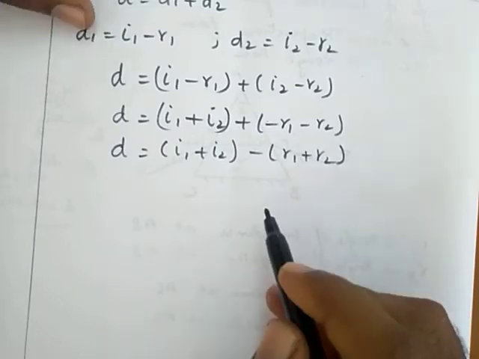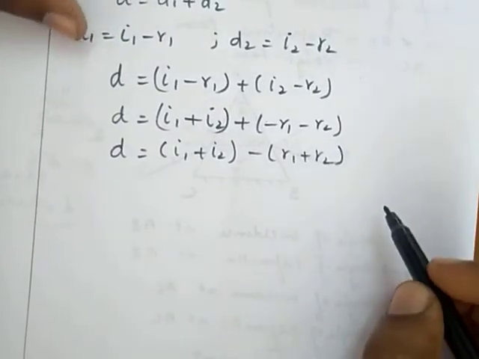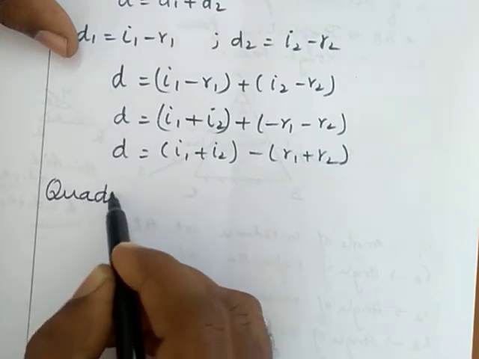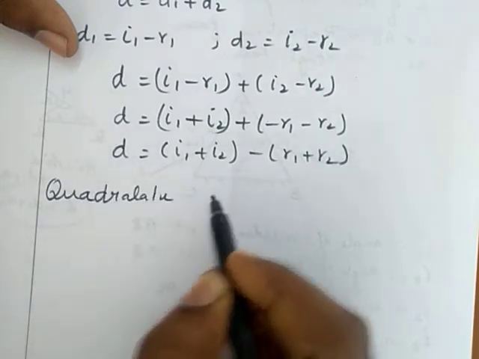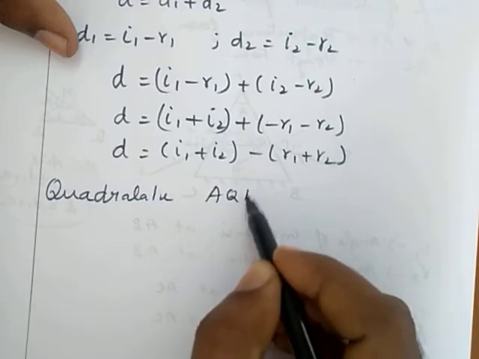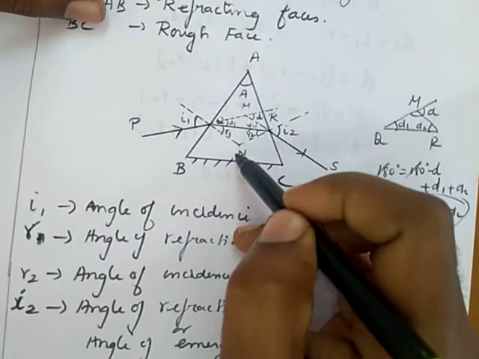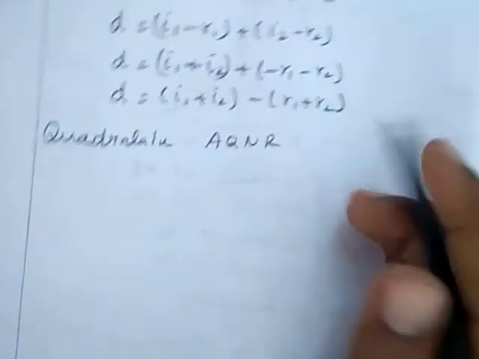Then here I consider a quadrilateral, that is AQNR. Here I draw that.